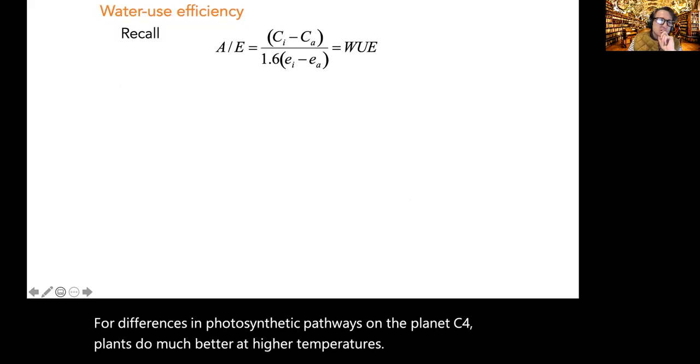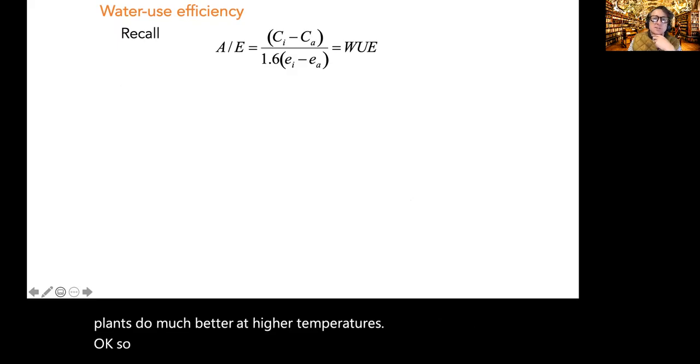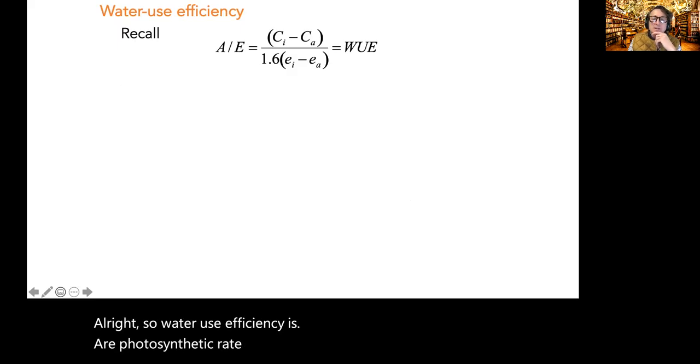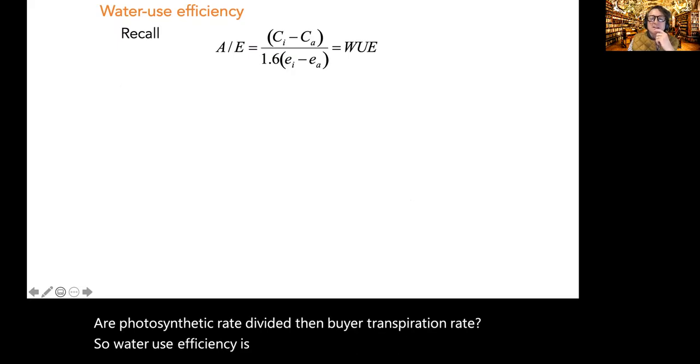Okay, so recall water use efficiency. All right, so water use efficiency is our photosynthetic rate divided by our transpiration rate. Okay, so water use efficiency is photosynthesis divided by water use, or transpiration rates.